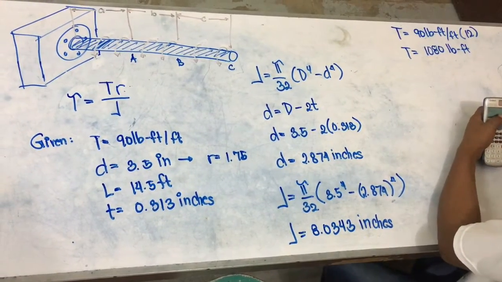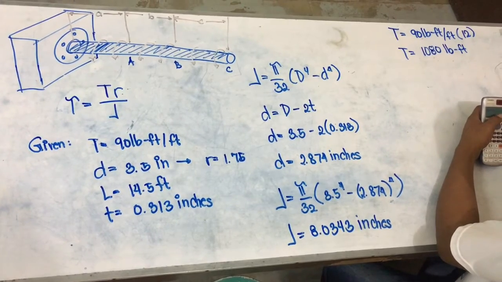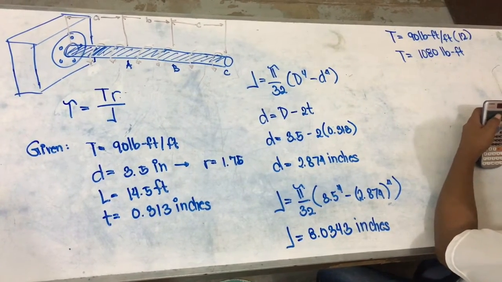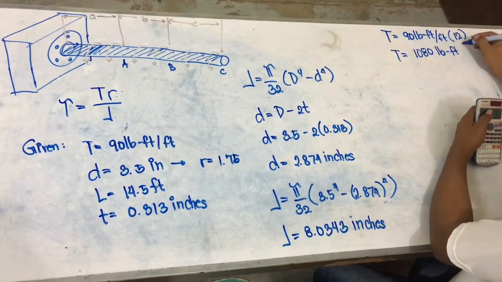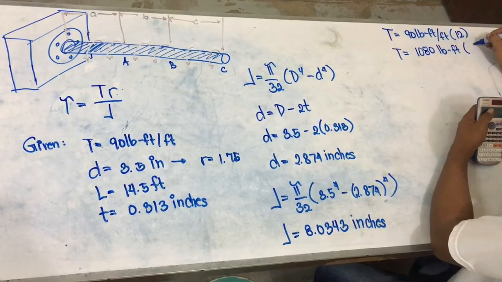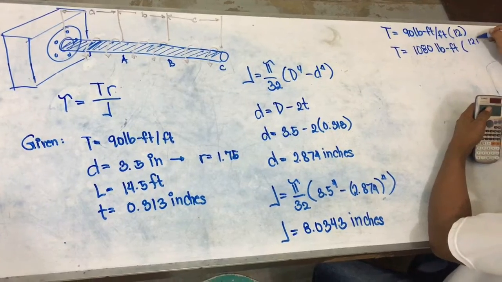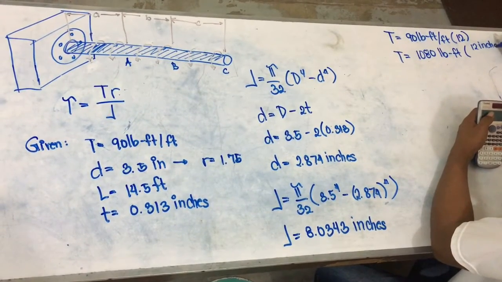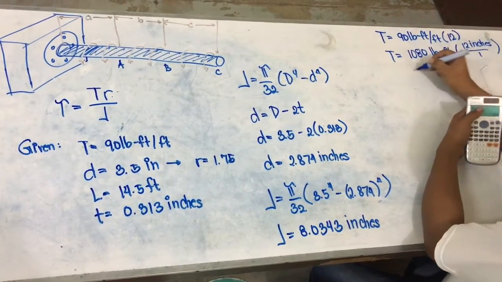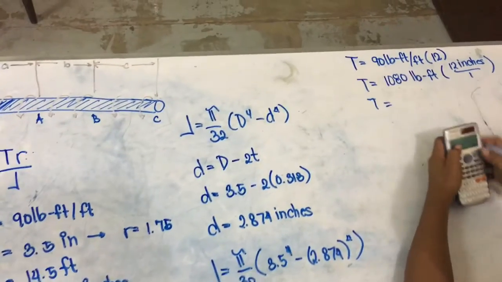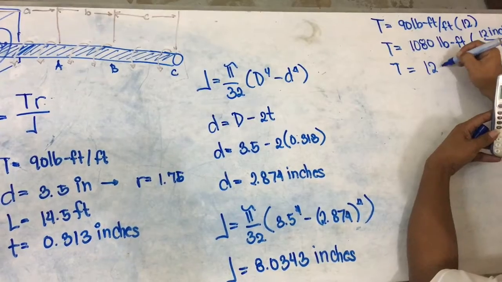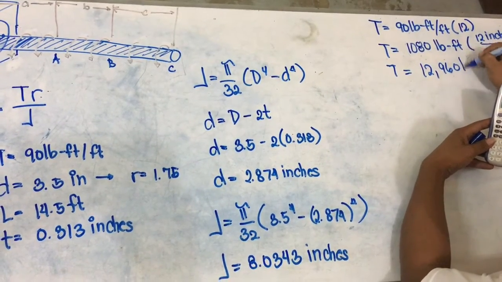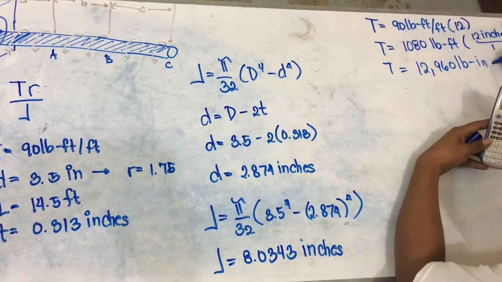But we need to convert feet into inches, because our diameter and radius are in inches. So we multiply by 12 inches per 1 foot, and we get our final answer for torsion, which is 12,960 pound-inches.